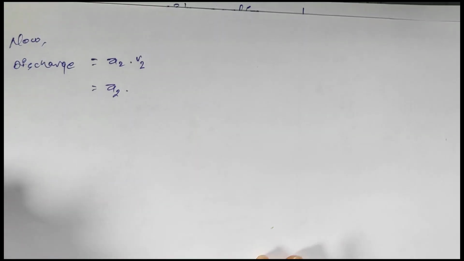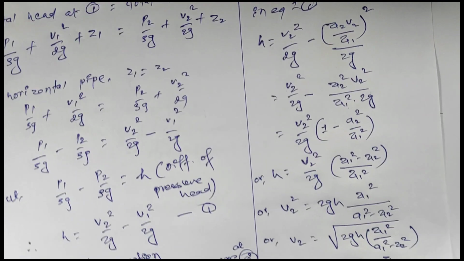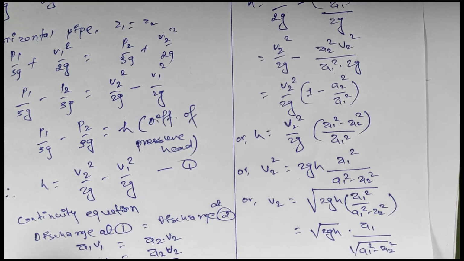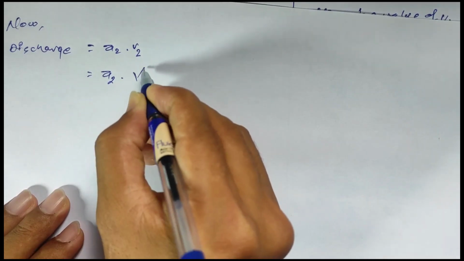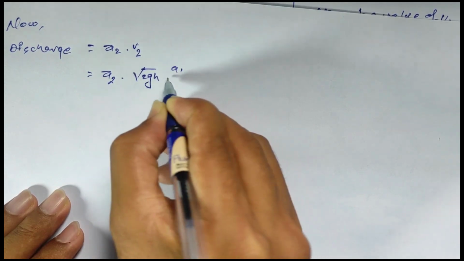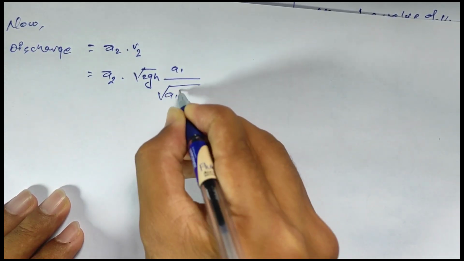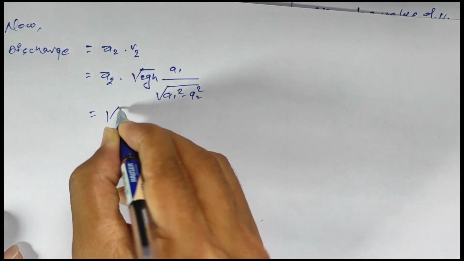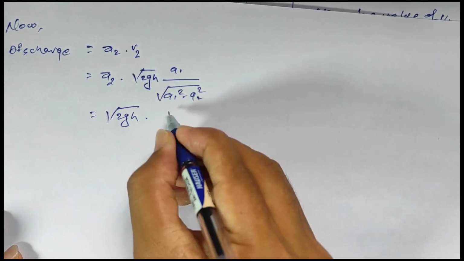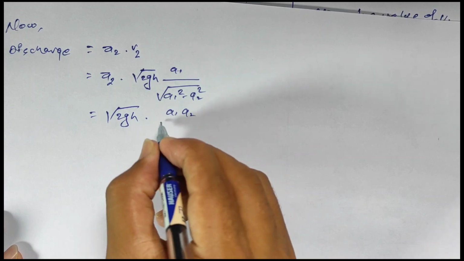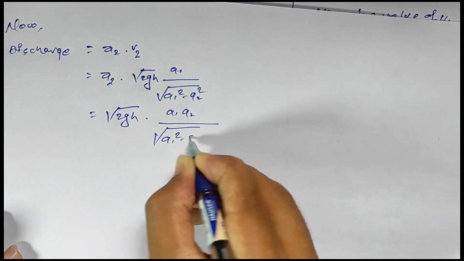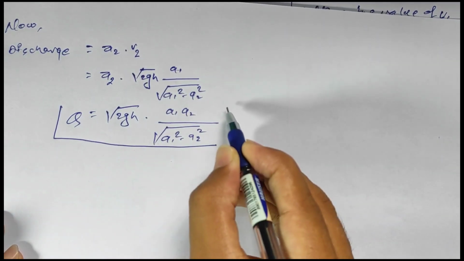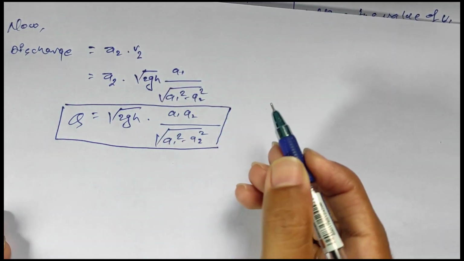A2 into the value of V2 we already calculated, root 2gH A1 by root A1 square minus A2 square. Then the ultimate equation becomes root 2gH A1 A2 divided by root under A1 square minus A2 square. This one is the equation of the Venturimeter to calculate the discharge in a pipe.